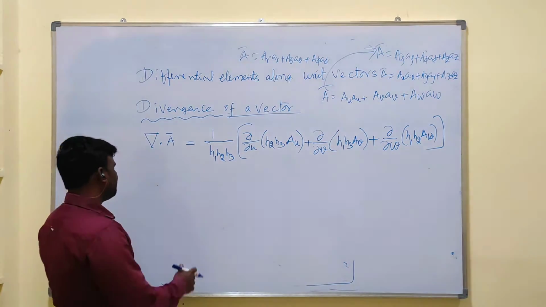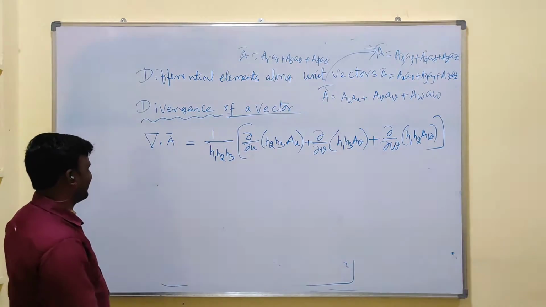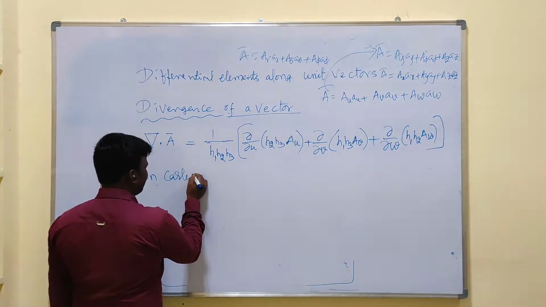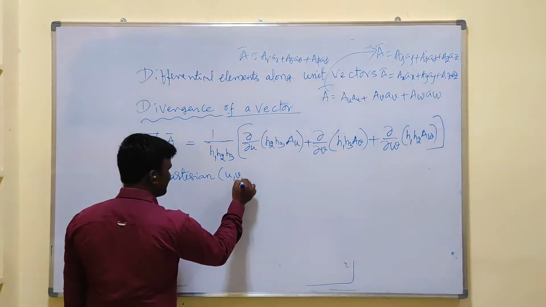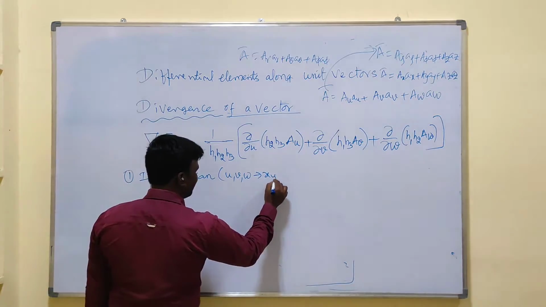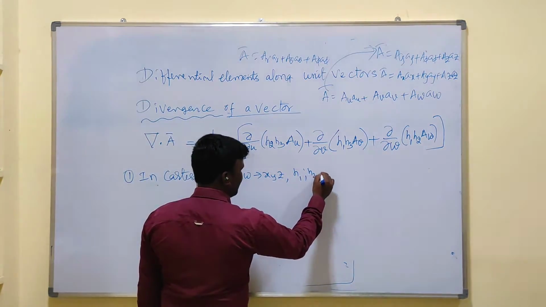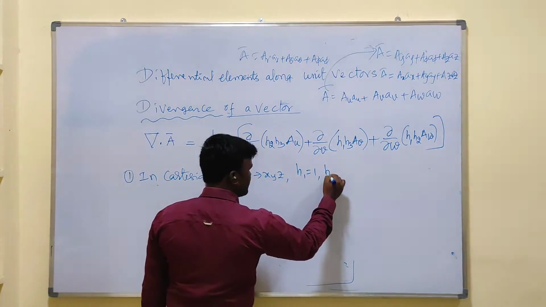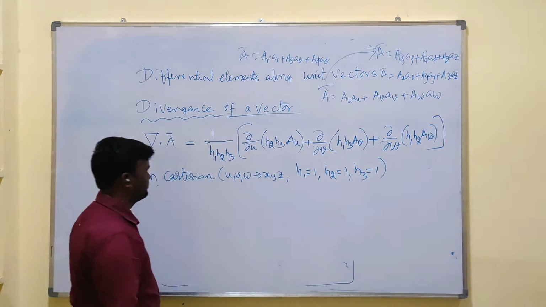Now, in Cartesian. In Cartesian, u, v, w are replaced with x, y, z, and h1 is equal to 1, h2 is equal to 1, h3 is equal to 1.